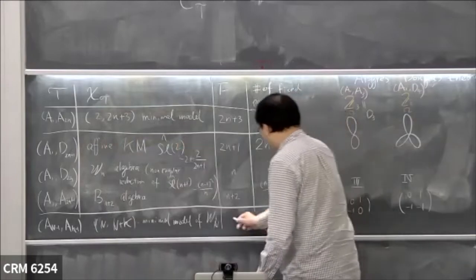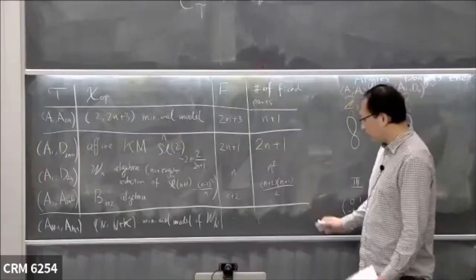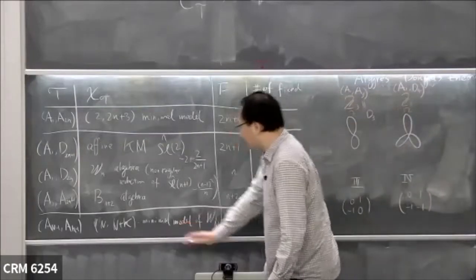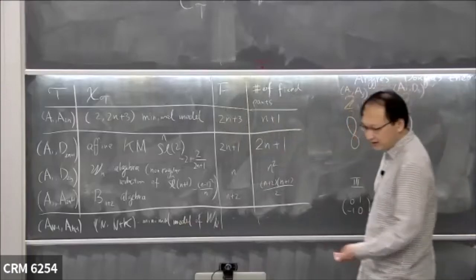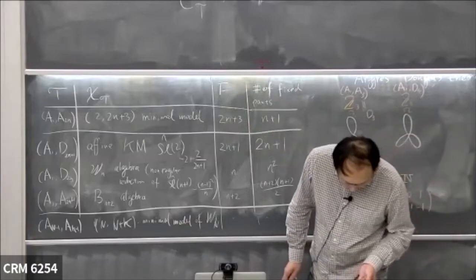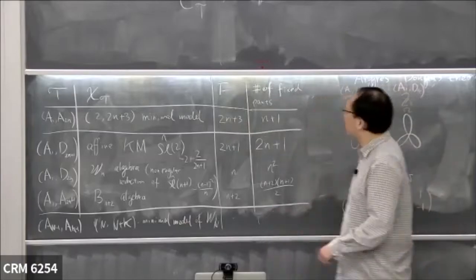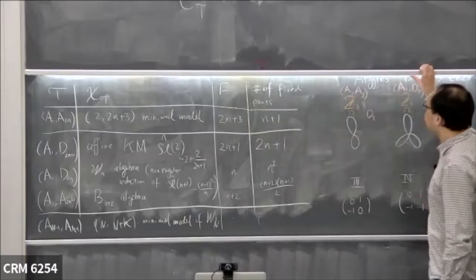Then you can check that the number of fixed points on the Coulomb branch also match exactly the number of modules over there. So it seems that this is some robust and interesting correspondence.